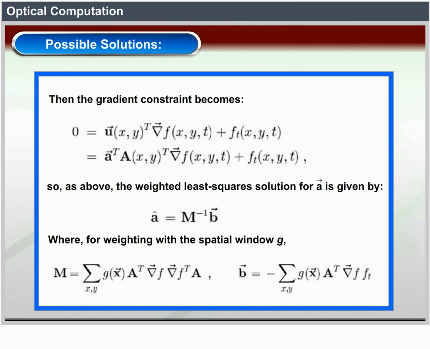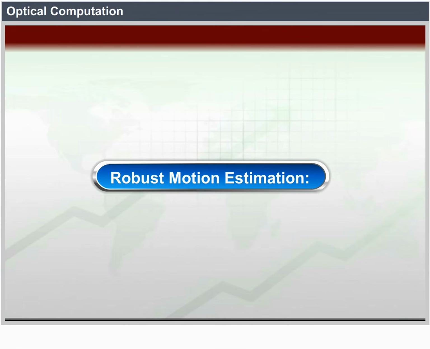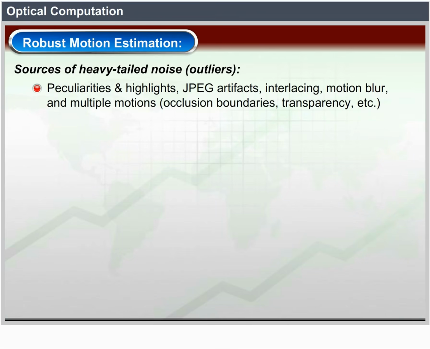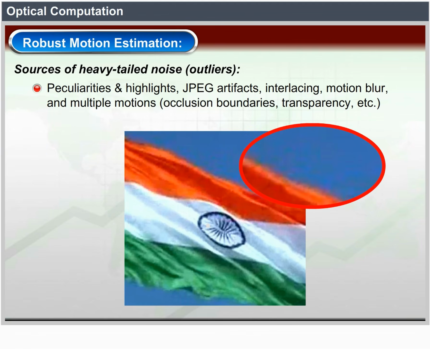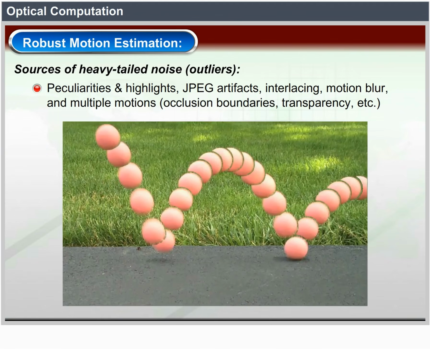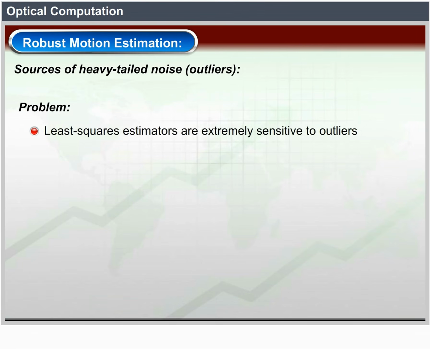Robust motion estimation. Sources of heavy-tailed noise, outliers: specularities and highlights, JPEG artifacts, interlacing, motion blur, and multiple motions, occlusion boundaries, transparency, etc. Problem: least squares estimators are extremely sensitive to outliers.